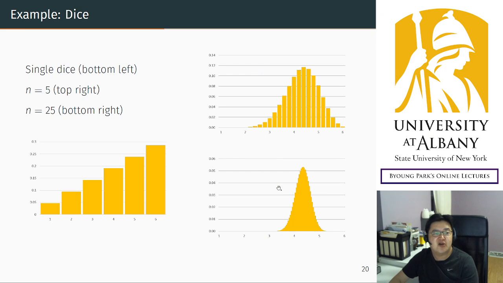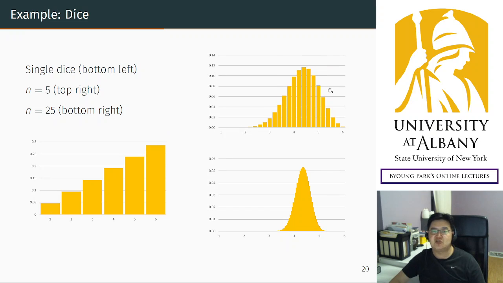Another experiment, another strange dice. Now I made up another unfair dice whose probability is proportional to the outcome. So 6 is 6 times more likely than 1, and 2 is twice as likely as 1. So probability increases as the outcome increases. Another imaginary dice. And what happens if you throw 5 of them?